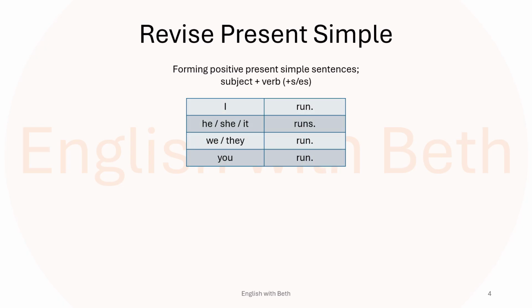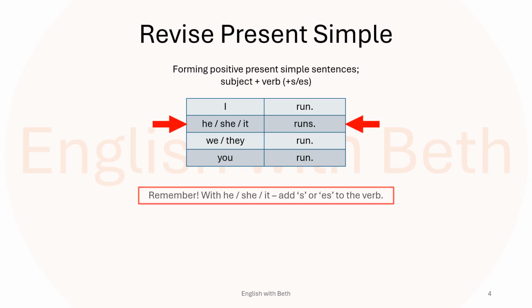I run, he, she, it runs, we, they run, and you run. Remember, with he, she, or it, we need to add s or es to the verb.